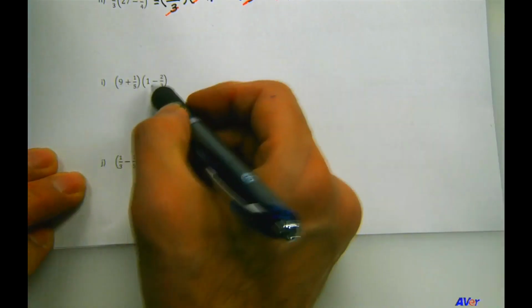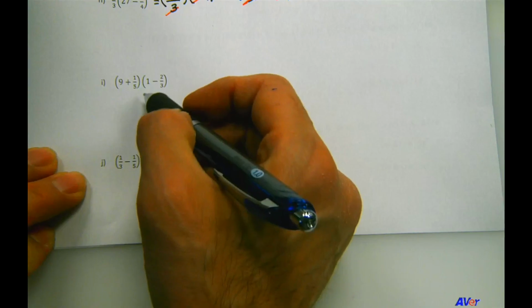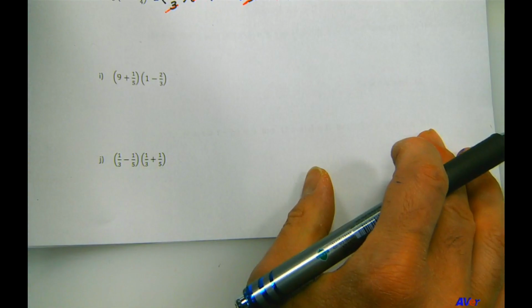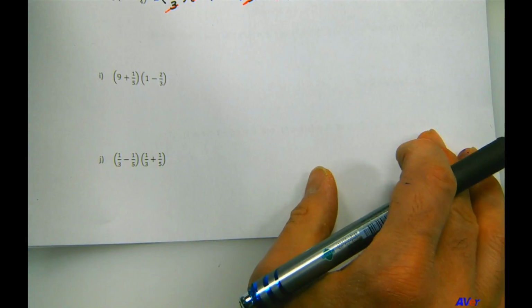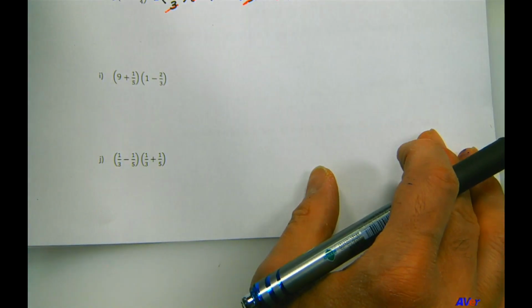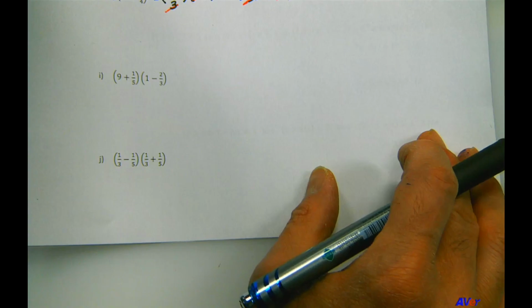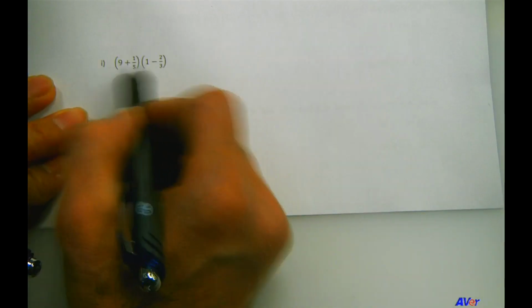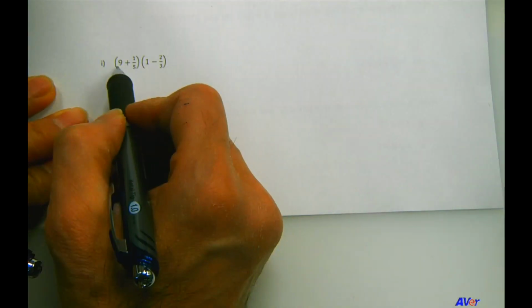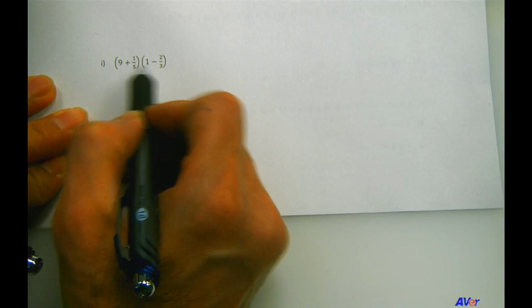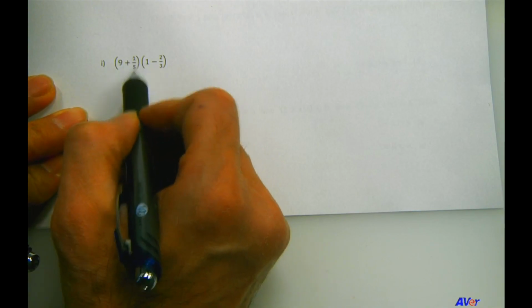So here, what we need to do first is, in this algebra, a lot of what we're doing is basic algebra. In algebra, there is usually more than one way to answer a question or to simplify an expression. Here, you can FOIL it. You can say 9 times 1 minus 2/3 times 9, and then 1/5 times 1 and minus 1/5 times 2/3.